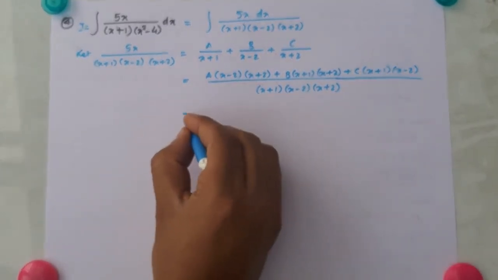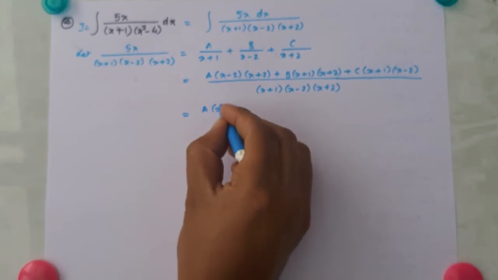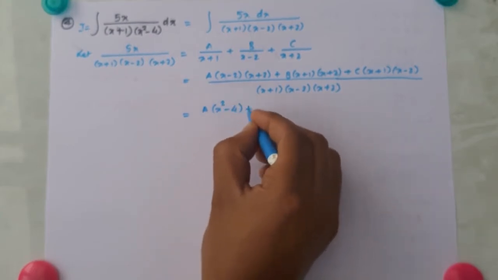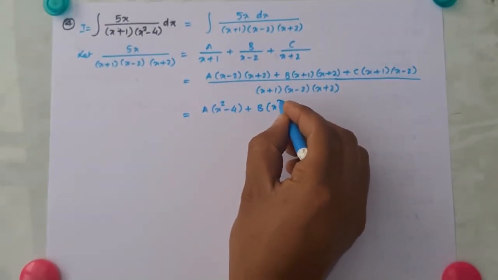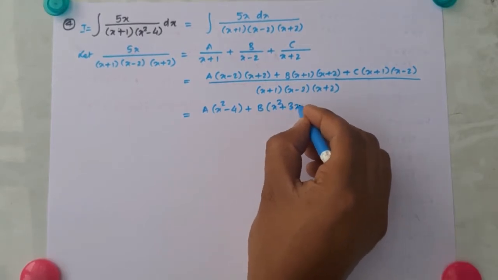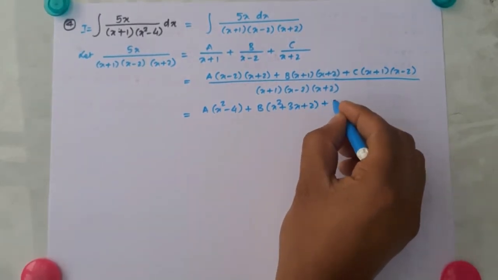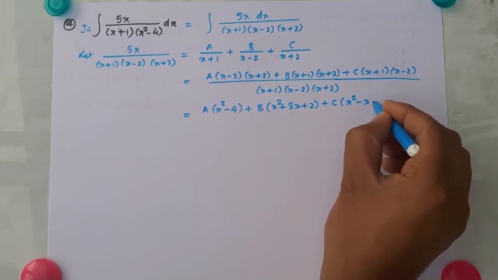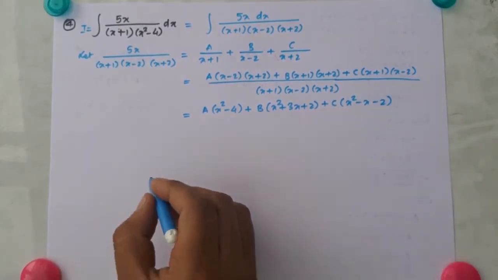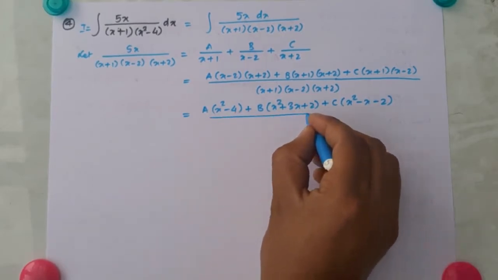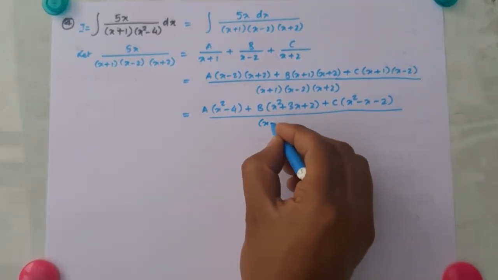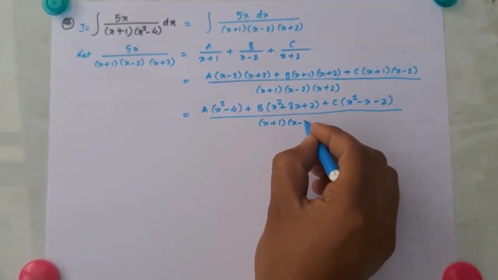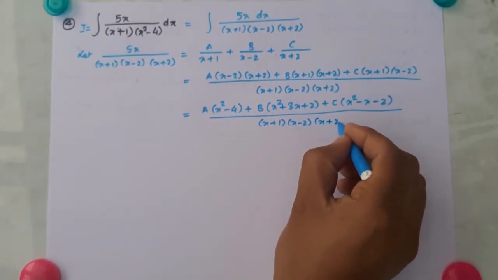Okay, so multiply, so you get a into (x square minus 4) plus b into (x square plus 3x plus 2) plus c into (x square minus x minus 2), divided by the same quantity (x plus 1) into (x minus 2) into (x plus 2).